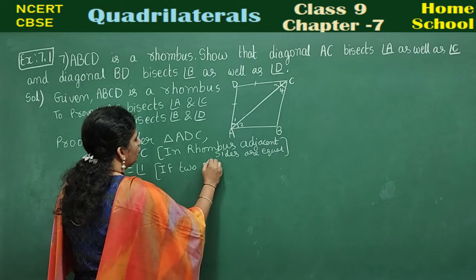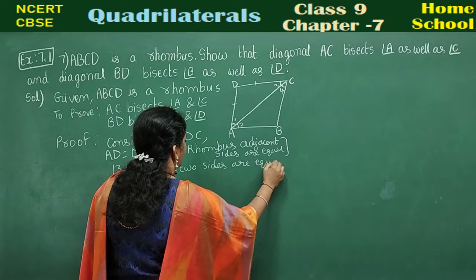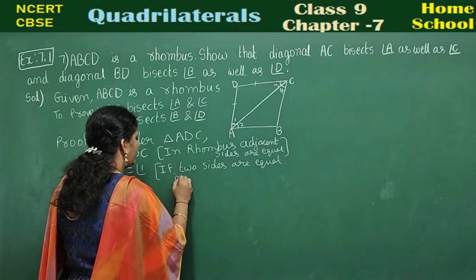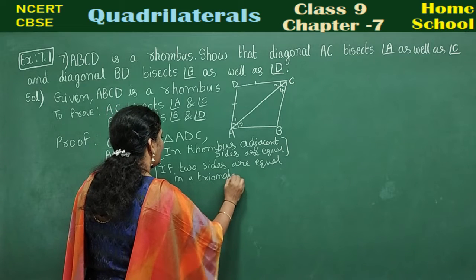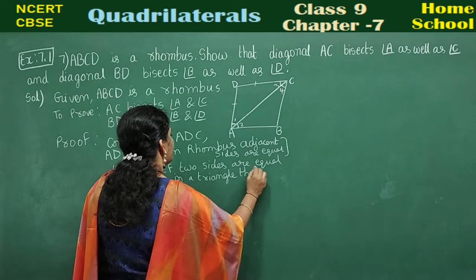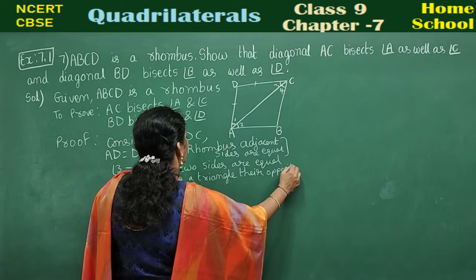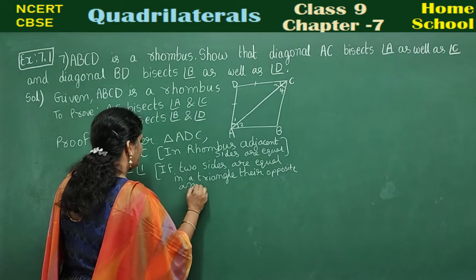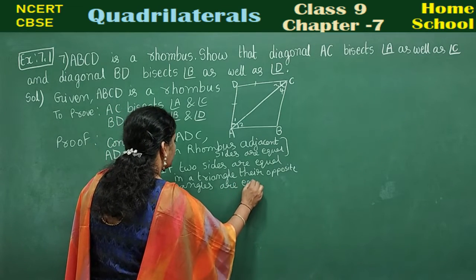If two sides are equal in a triangle, their opposite angles are equal.